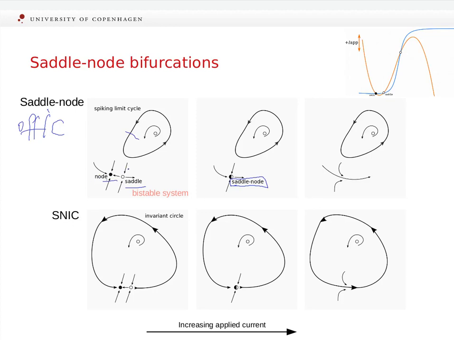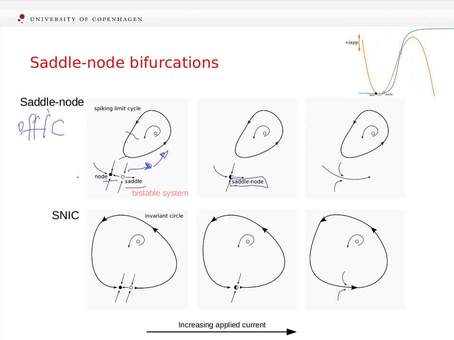So if we suddenly stimulate a neuron with a short pulse and move its state horizontally along the v-axis, it will then find another stable attractor, which here is a limit cycle, and it will be spiking.